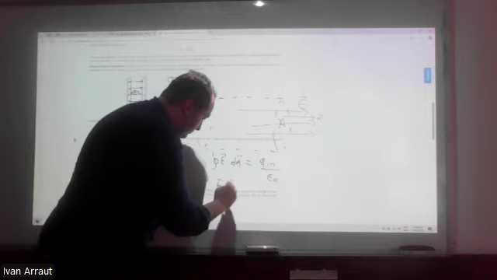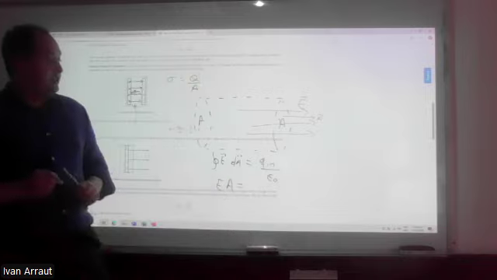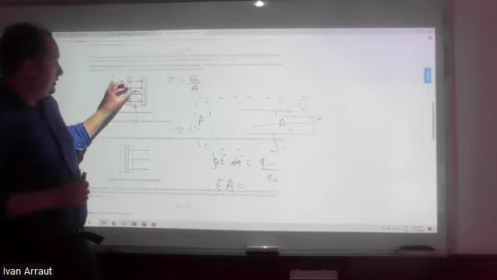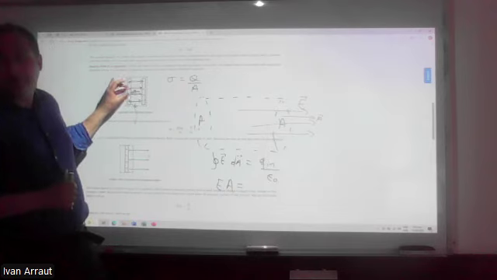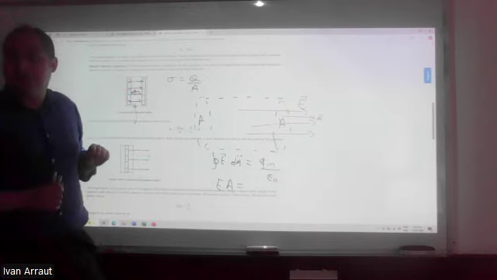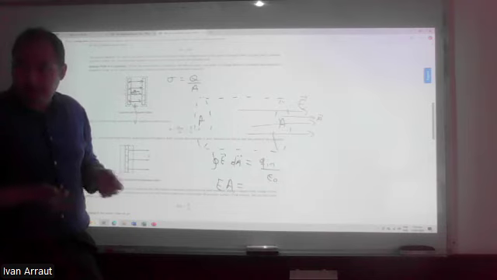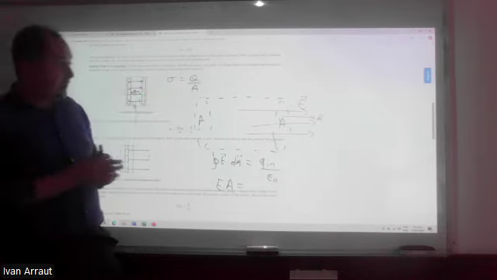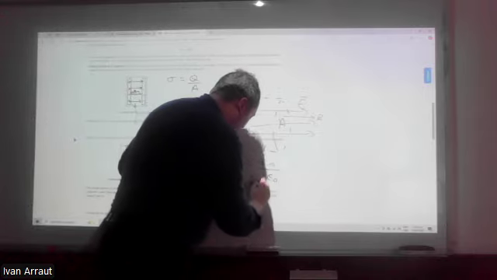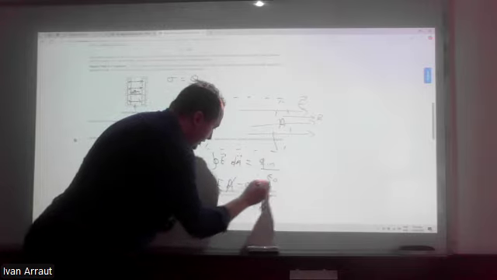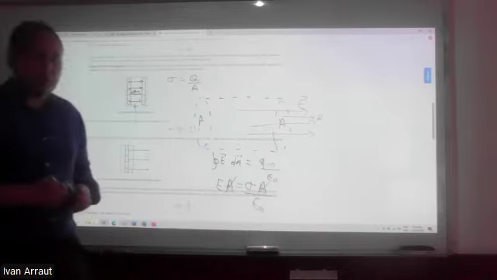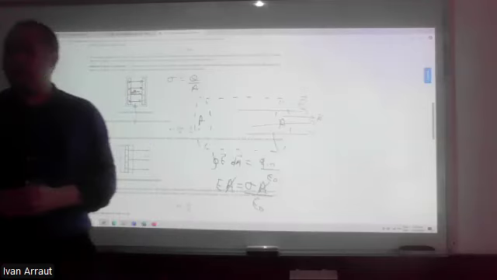The area is just A. The charge: if I project this area over the surface of the plate, the charge I am enclosing will be sigma, the density of charge, multiplied by the area, divided by epsilon zero. The area cancels, and the electric field comes out to be sigma divided by epsilon zero.